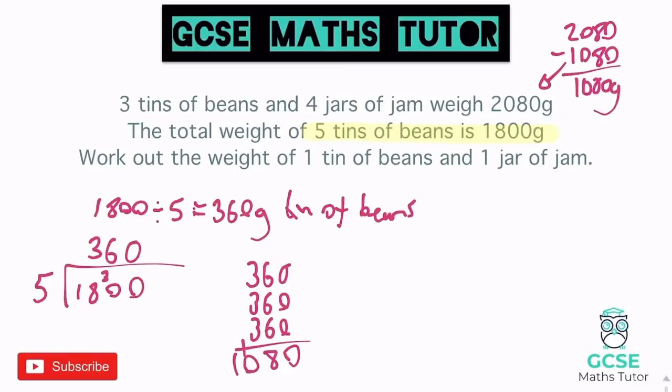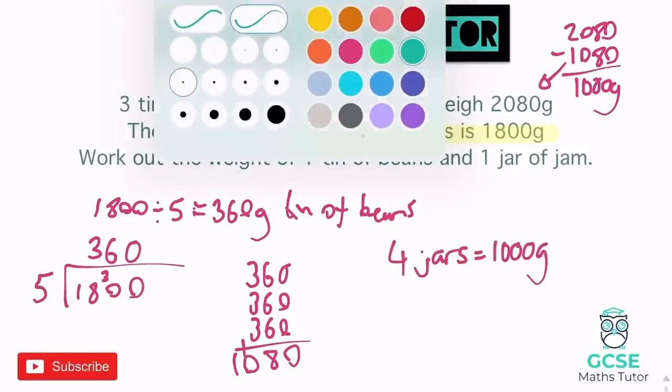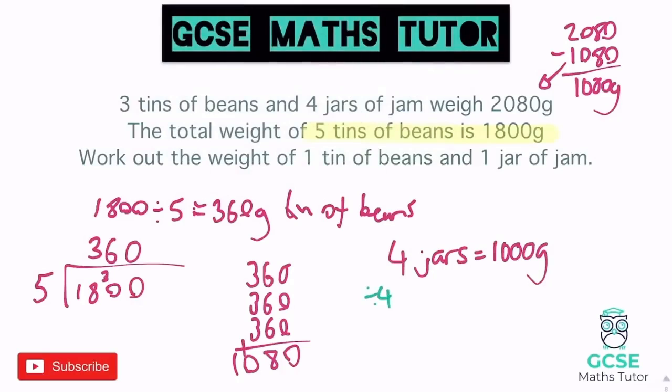So 4 jars equals 1,000 grams. We want to know the weight of 1, so we divide that by 4, and 1 jar equals 250 grams. So there we go, 1 jar is 250 and 1 tin of beans was 360.